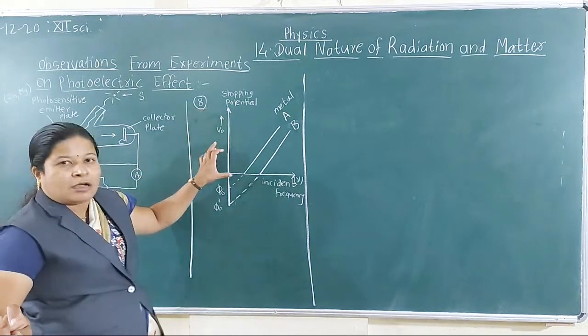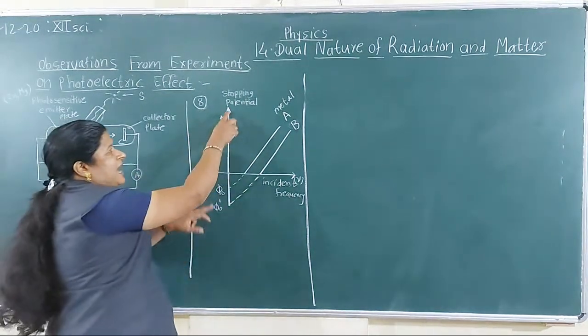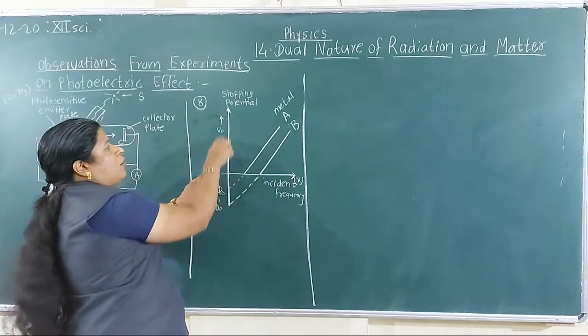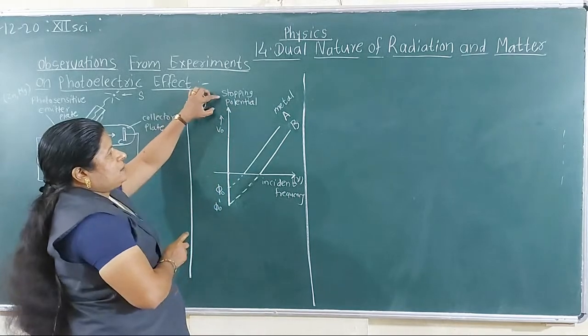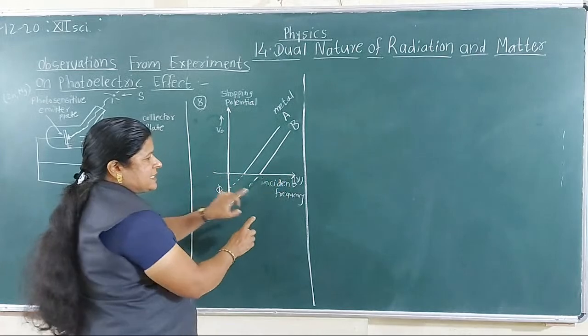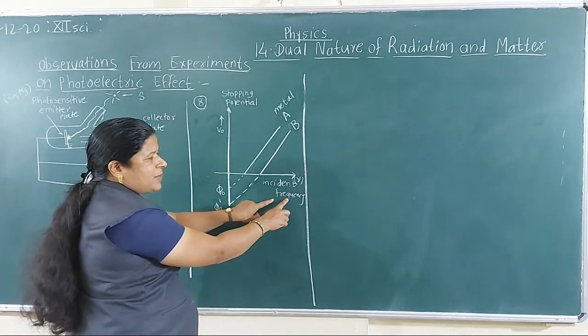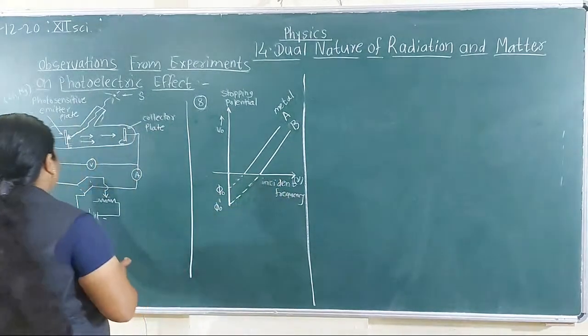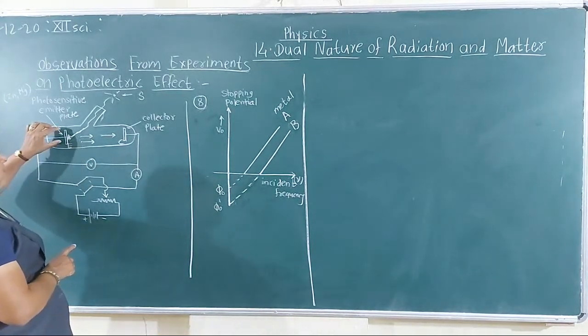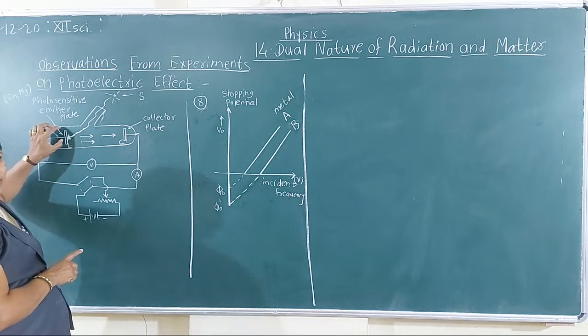Graphically, on the y-axis we have taken the stopping potential, and on the x-axis the incident frequency. So what happens when we change the metal of the emitter plate?